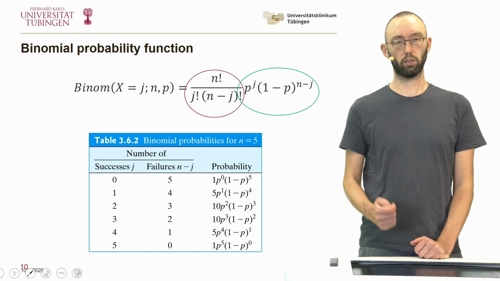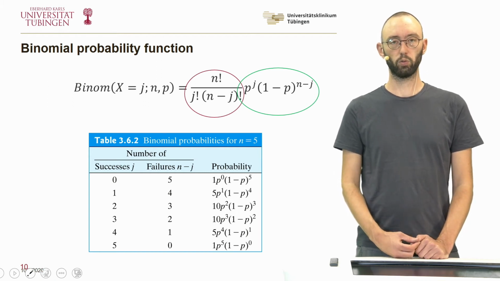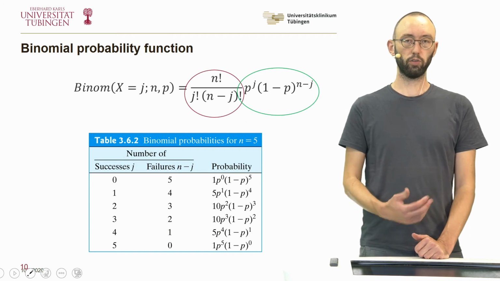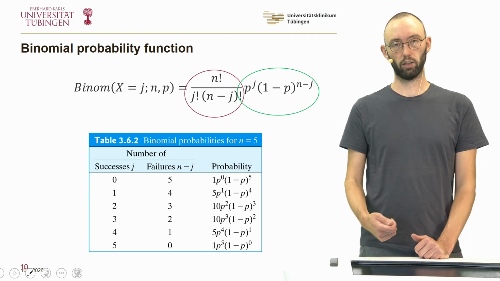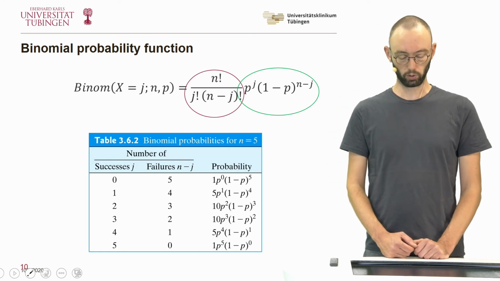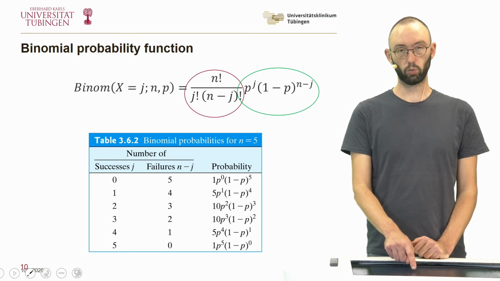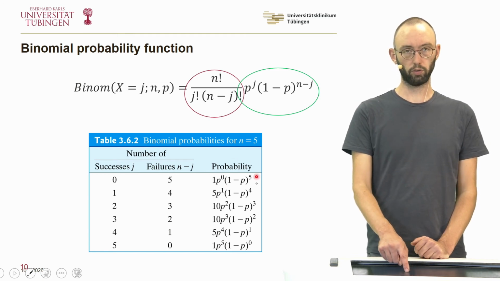That would mean, for example, in the case of coin tosses, that we observe 5 times tails and 0 times heads. The probability for this event occurring would be p to the power of 0 and 1 minus p to the power of 5.